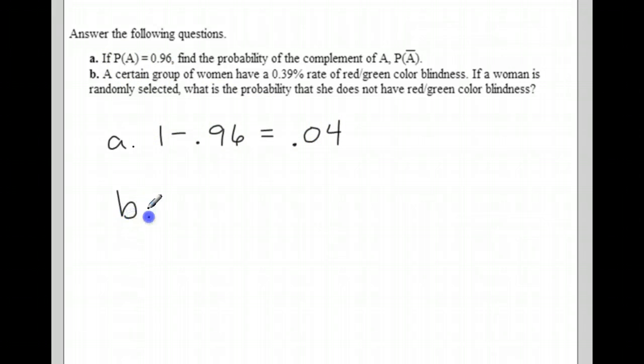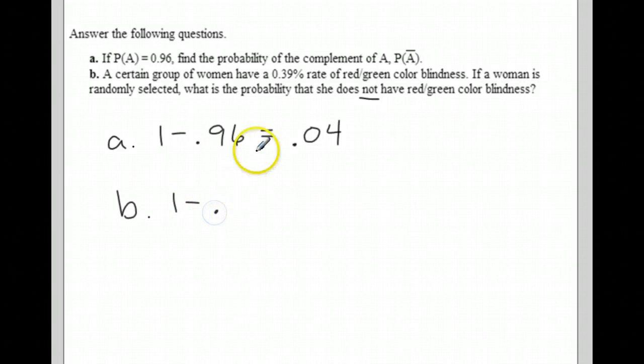Alright, and then B, this is a theoretical one. This will be more of an empirical approach. A certain group of women have this percentage rate of red-green color blindness. If a woman is randomly selected, what's the probability that she does not have red-green color blindness? That would be 1 minus the probability that they do.